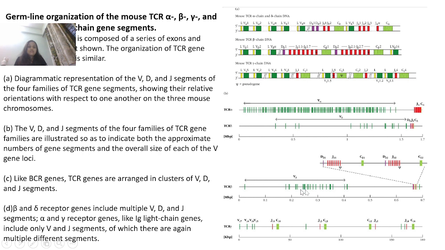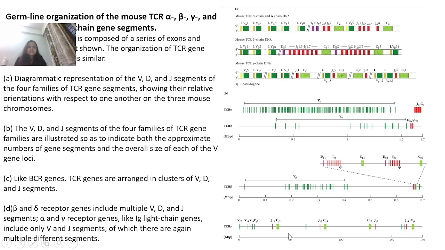Here also, like BCR chains, it is arranged in clusters of V, D, and J segments. You can see so many J's are there, and so many V's are also there. Beta and delta receptor genes include V, D, and J segments.